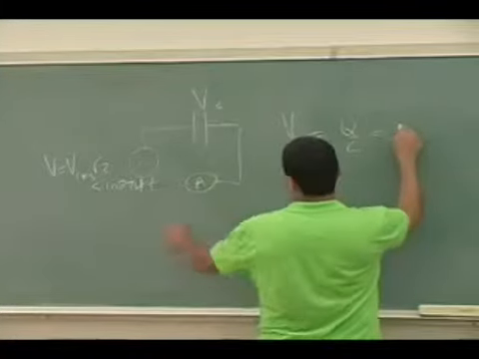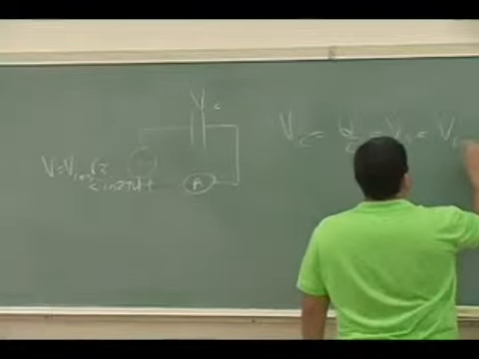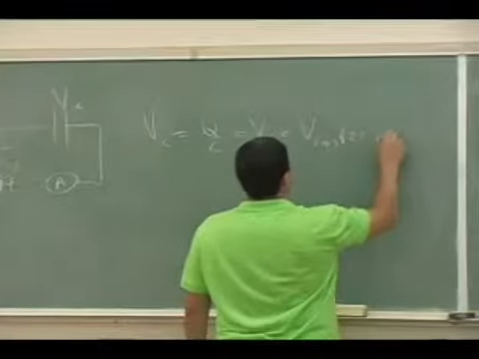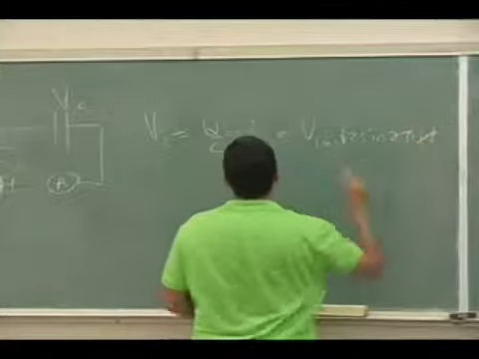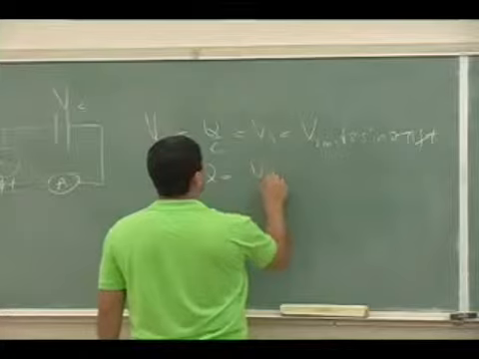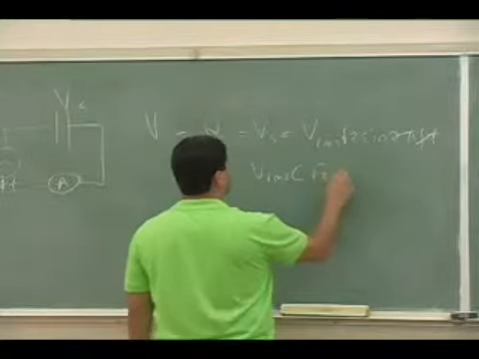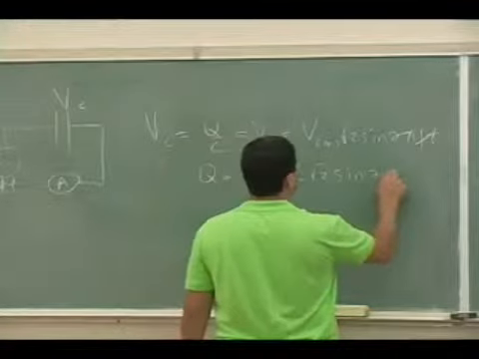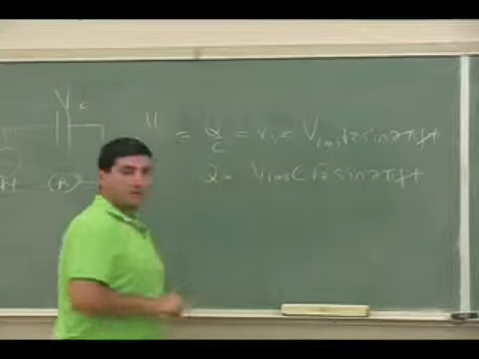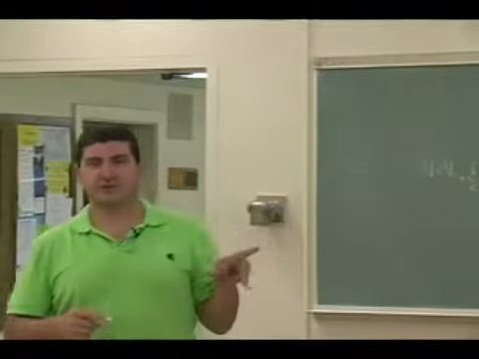Which is equal to the voltage of the source, which is V root mean square root 2 sine of 2 pi ft. And then the Q is just equal to V root mean square C times root 2 times sine of 2 pi ft. Now to get the current in the circuit, I take the derivative of the Q.